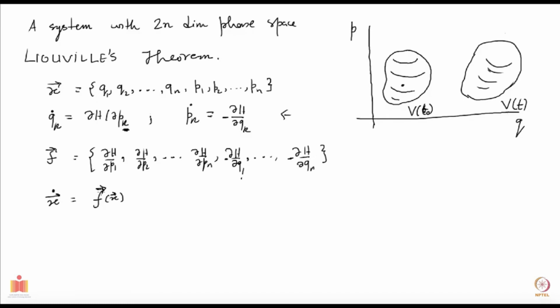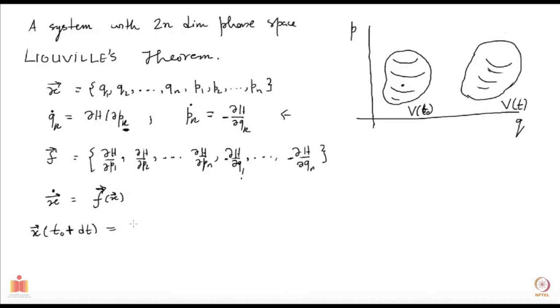So these are our 2n first order differential equations in time. Okay, and then I can write x at any time, at time t naught plus dt. So I'm starting with time t naught and I look at what happens after a small interval of time dt.